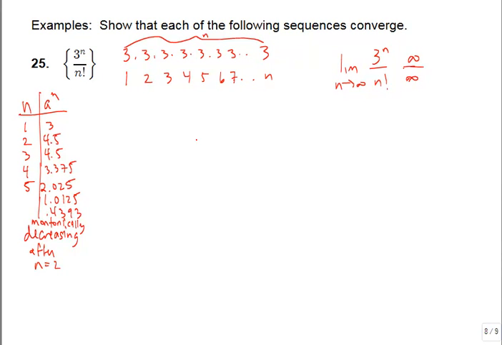Now what we also noticed by comparing the size of 3 to the n and n factorial is that when we looked at n's that were greater than or equal to 7, we saw that 3 to the n was less than or equal to n factorial. The numerator was smaller than the denominator. And all of these were positive, so they're bounded from below by 0, obviously.